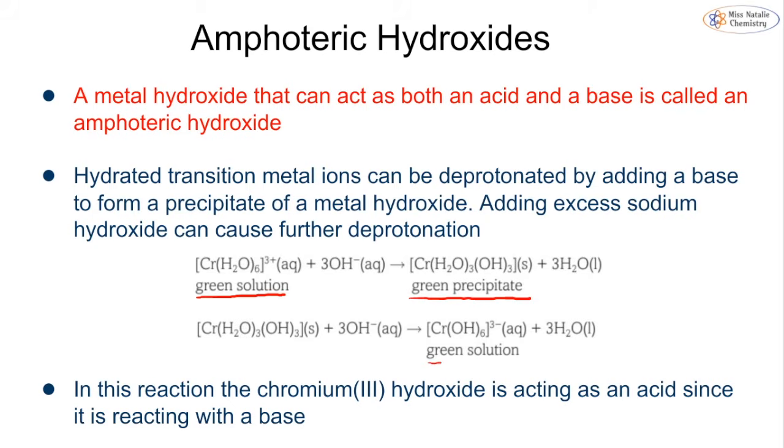And this will then form a green solution, so that precipitate is dissolving. Because the chromium 3 hydroxide here is reacting with a base, it is reacting as an acid, because the sodium hydroxide is acting as our base and removing the protons.